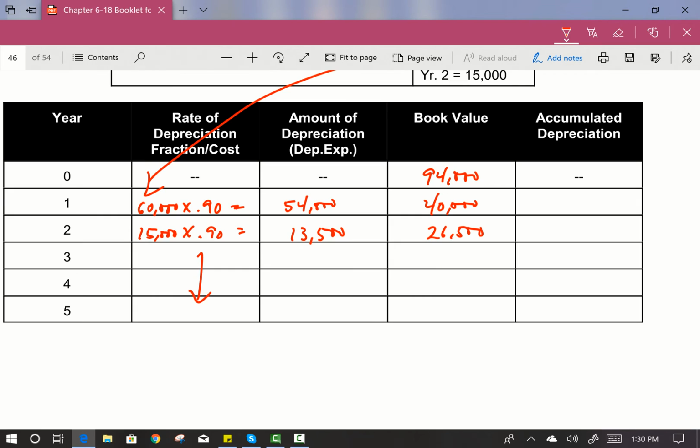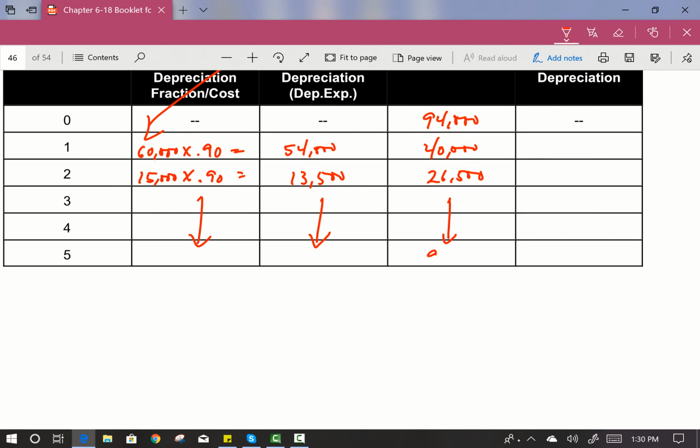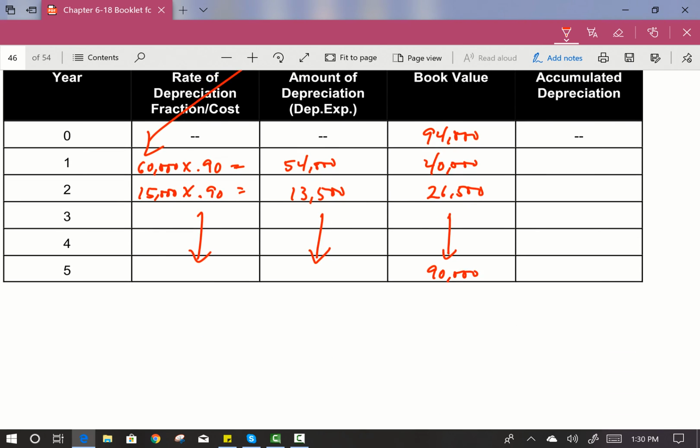We'd continue including the amount of depreciation for the life of that unit. And then the accumulated depreciation would not go greater than $90,000.